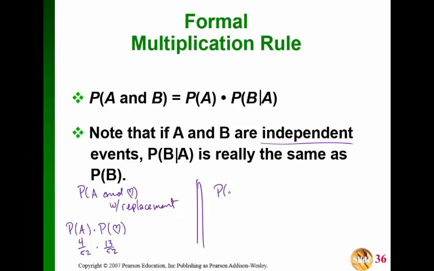Now, if I take a look at the same scenario, except I don't put the other card back, then my probability should look a little bit different. I'll get the probability that I draw an ace for the first experiment times the probability that I draw a heart given that I already had drawn an ace.